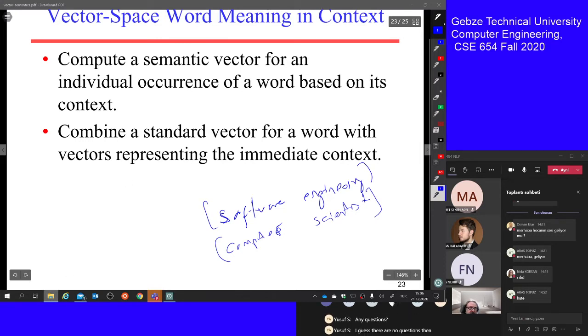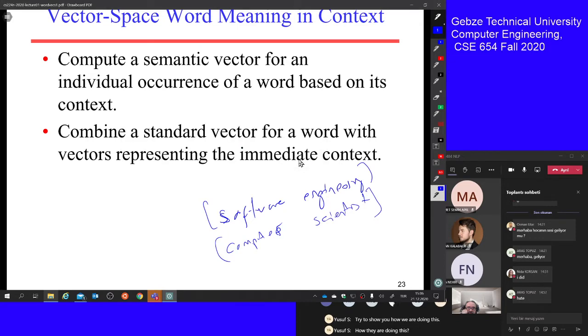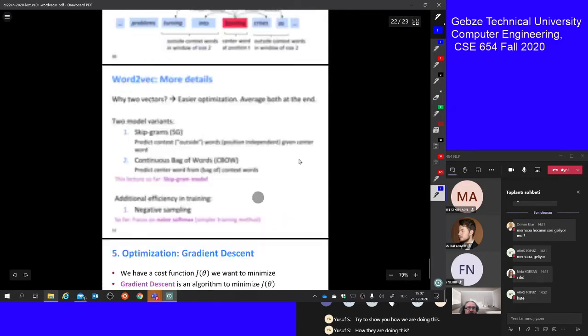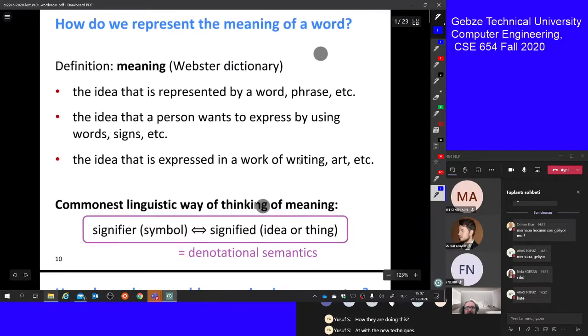Then in that case, let me try to show you how we are doing this with the new techniques.